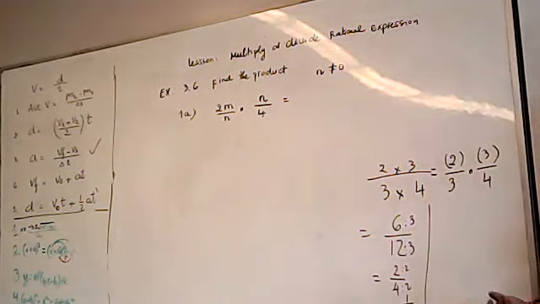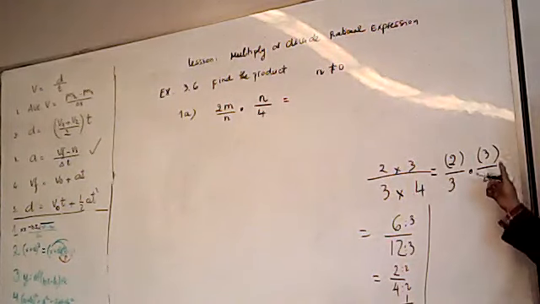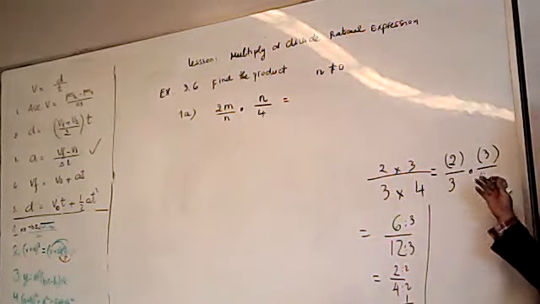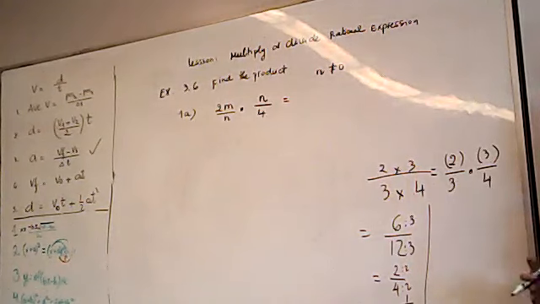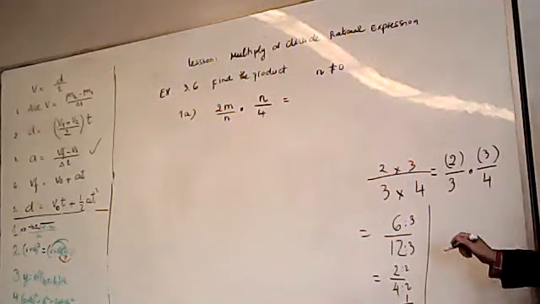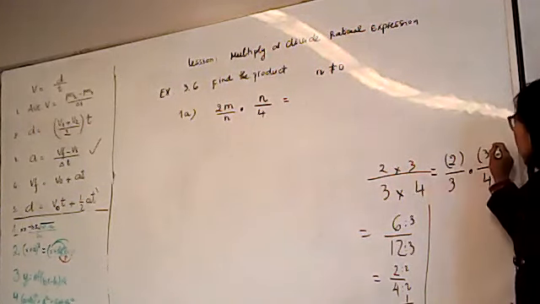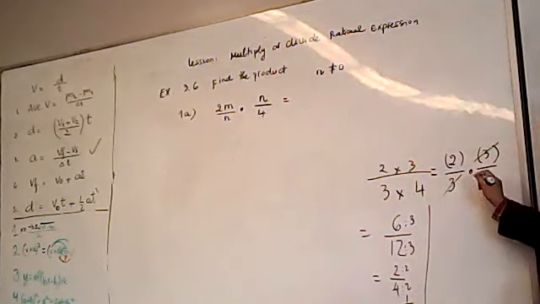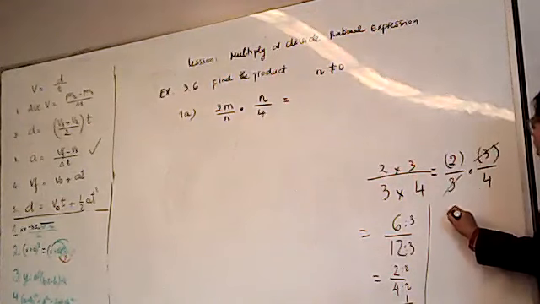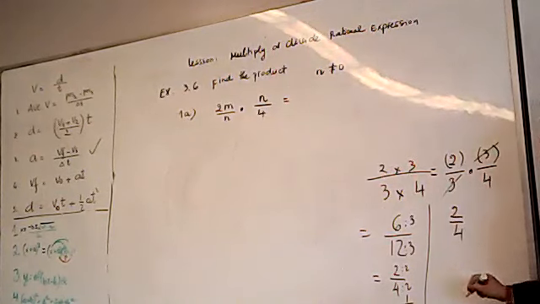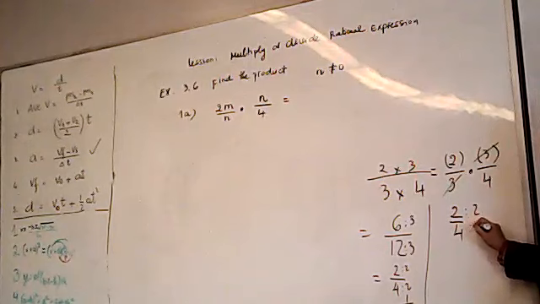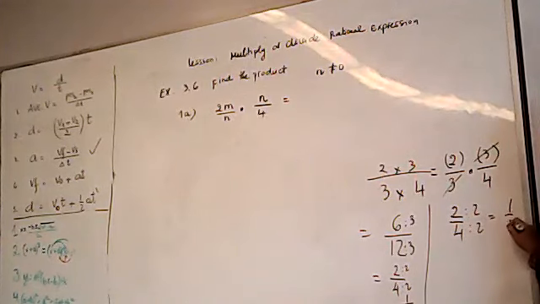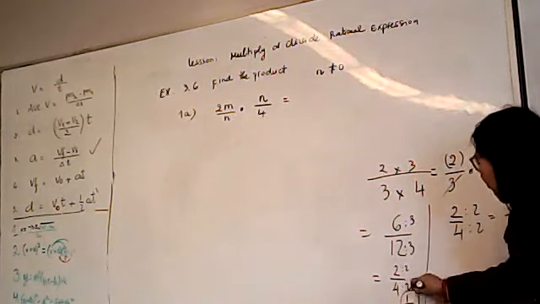But why bother? If you can cancel it, if they are in multiply, and nothing is wrong, you cancel first. If you cancel first, you will say, I'm going to cancel this one with this one, right? Now I'm left with 2 over 4. And then I divide by 2, and divide by 2, I get 1 over 2. So you get the same answer.